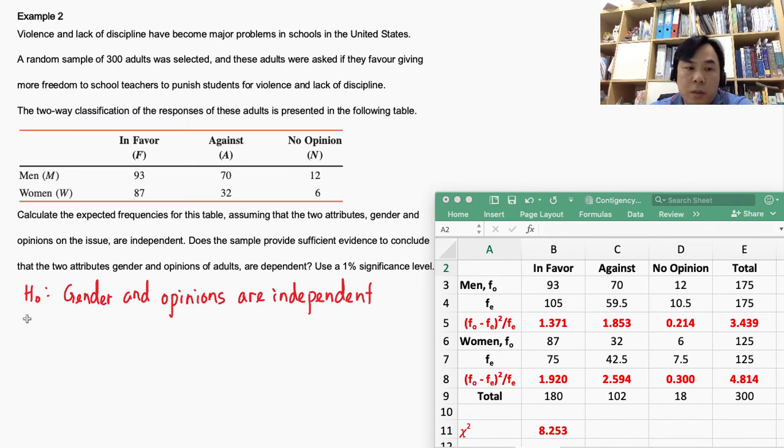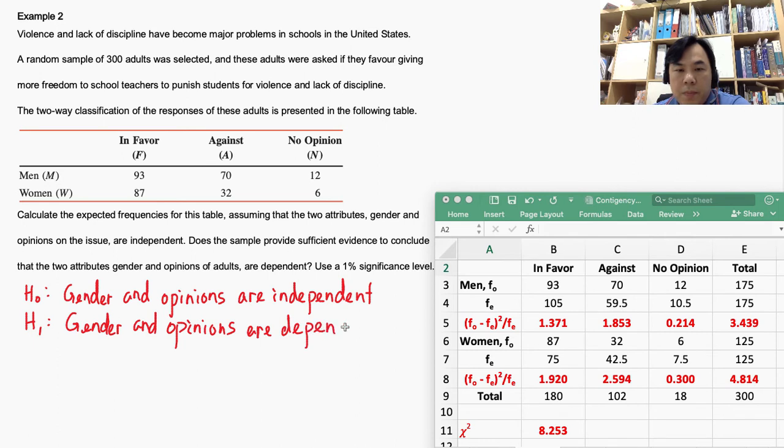They are independent, whereby our alternative would say that gender and opinion are dependent. All right. So I hope that is clear at this point. All right. So that's how it is.